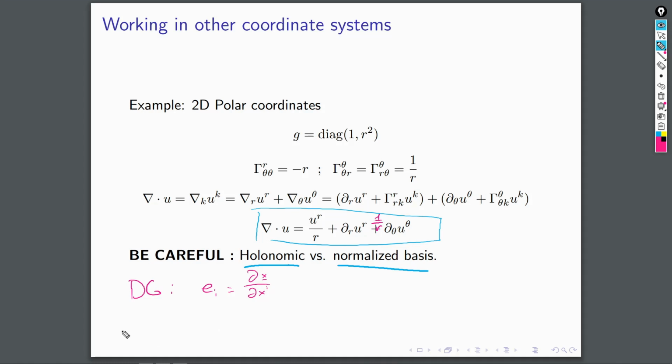However, in physics and vector calculus and stuff, we define the basis vectors as this thing, but normalized. So it's actually dx/dxi divided by the length of that.